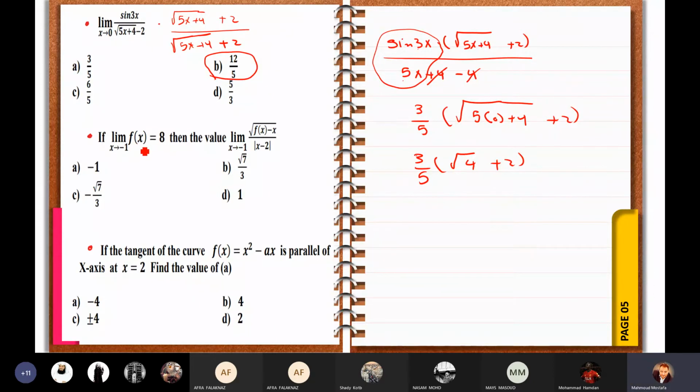The limit of f of x equals 8 when x approaches -1. This is given.